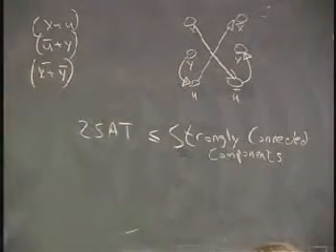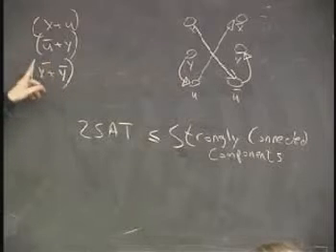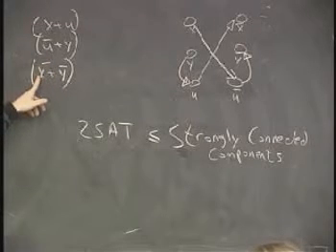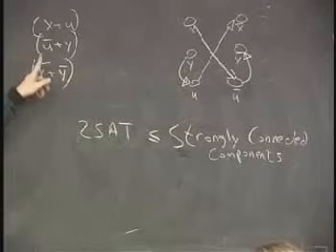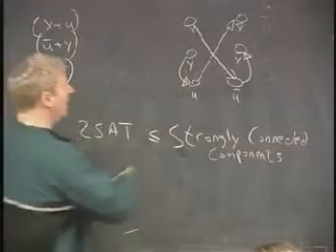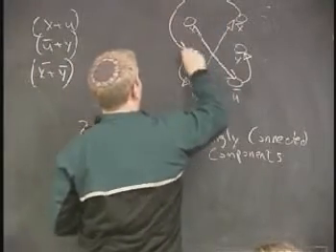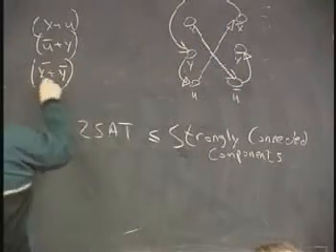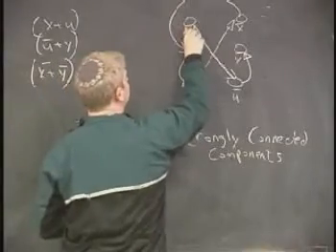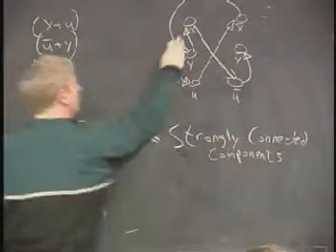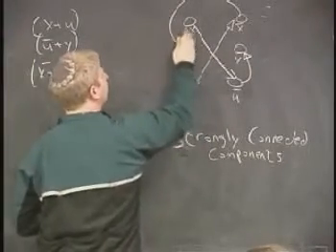This is very mechanical. Look at the pair, start with one node, and make an arrow to the opposite of the other node. So x bar goes to y, and y bar goes to x.